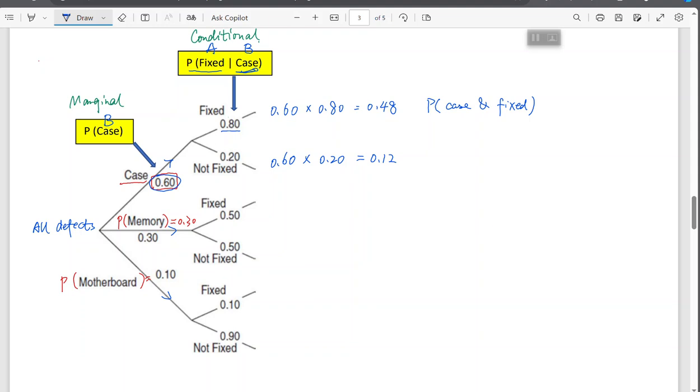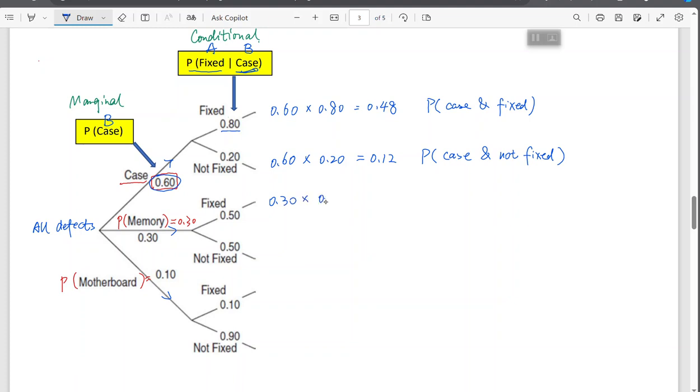What is this 0.12? It is just the joint probability that it's a case alignment problem and not fixed, right?